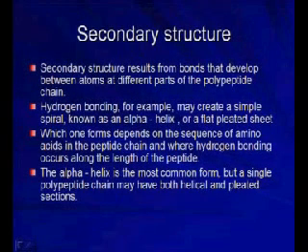Hydrogen bonding, for example, may create a simple spiral known as an alpha helix or a flat pleated sheet, which one forms depends on the sequence of amino acids in the peptide chain and where hydrogen bonding occurs along the length of the peptide.